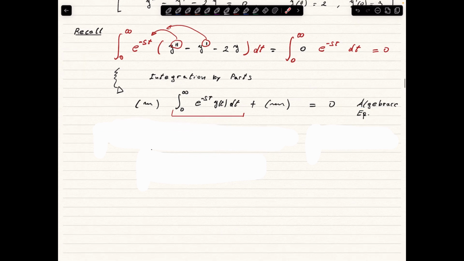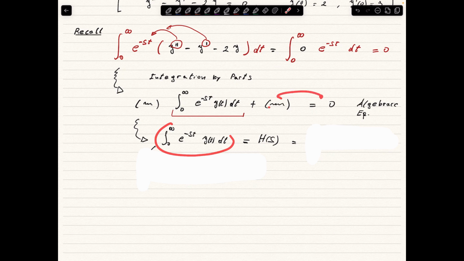Then we do some more work, and we write this algebraic equation with everything to the other side. We divide by what we have to divide, and we get the Laplace transform of y equals some function of s.